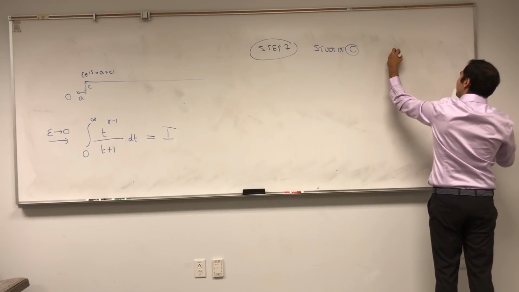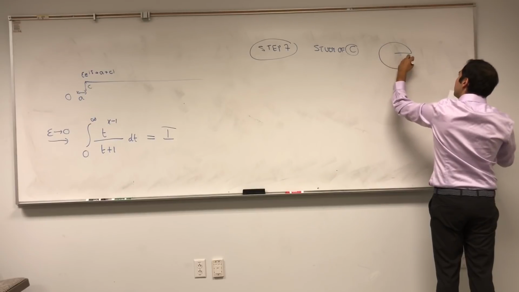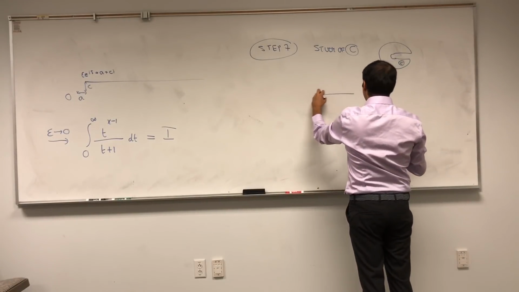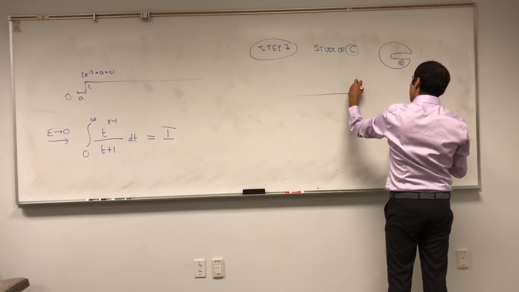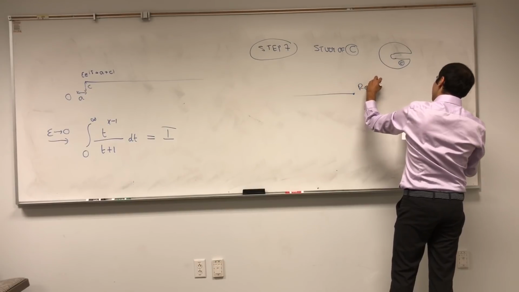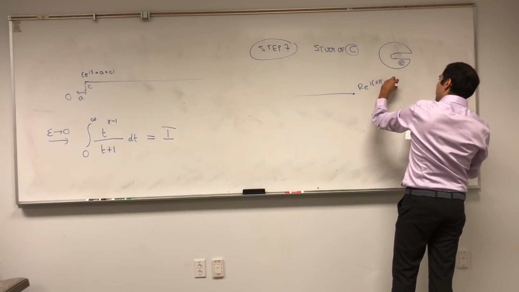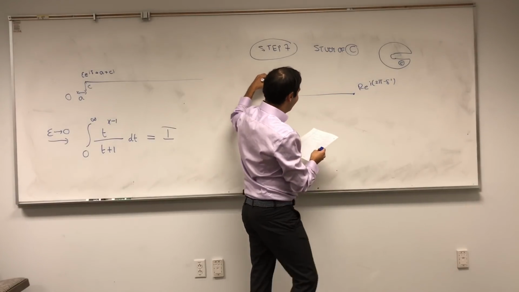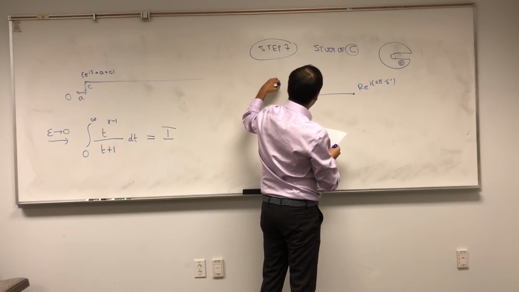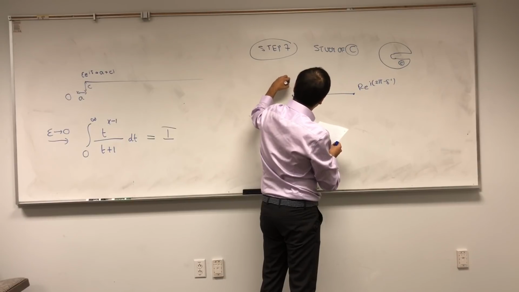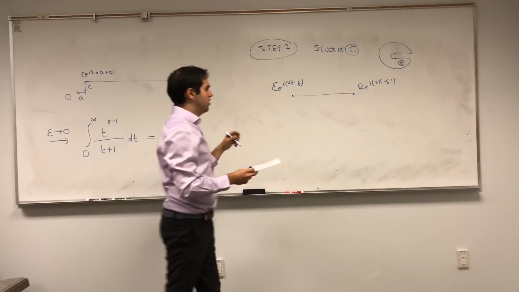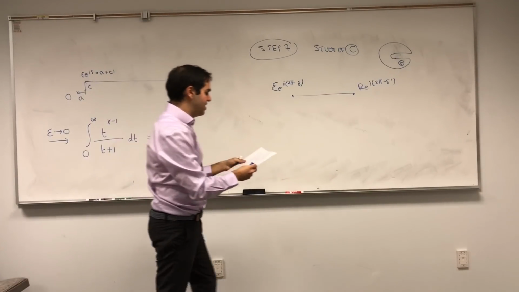You started with A, B, and now you have this part, the part C. How do you start with C? You start with R e^(i(2 pi minus gamma prime)) and go to epsilon e^(i(2 pi minus delta)). So this is your path C, if you want.